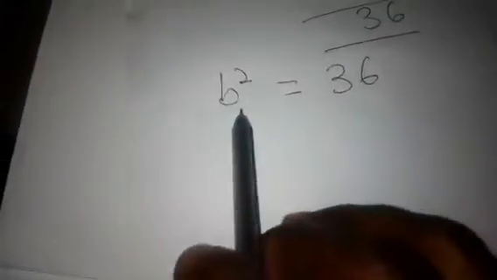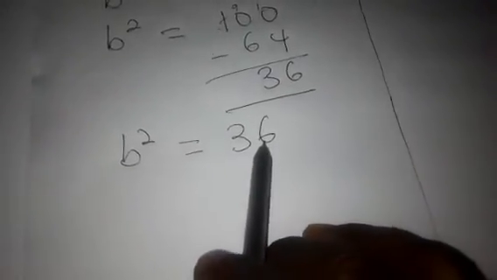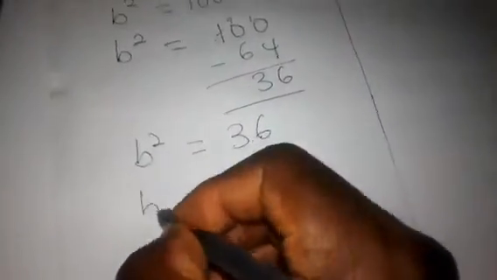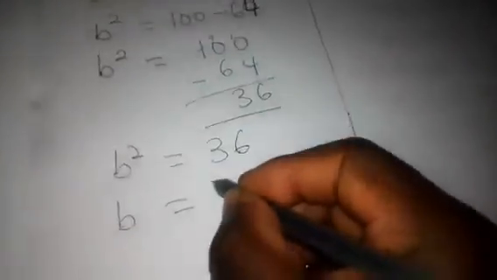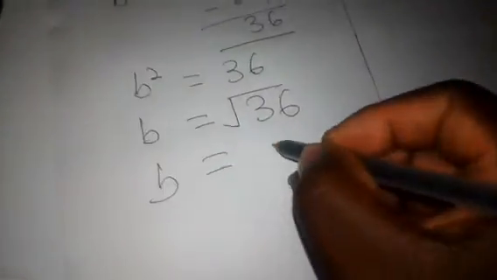And we just learned that anytime a square moves over an equal sign, it changes into square root. So in making b the subject of the formula, we have b is equal to the square root of 36. And the square root of 36 is equal to what? 6 centimeters.